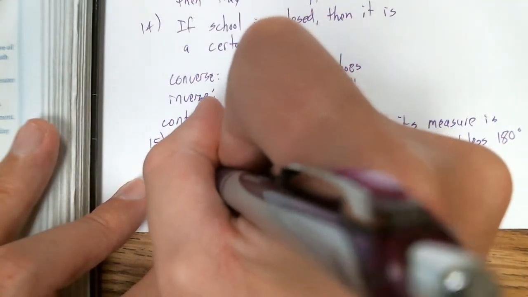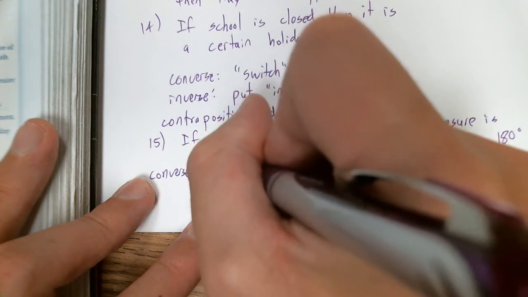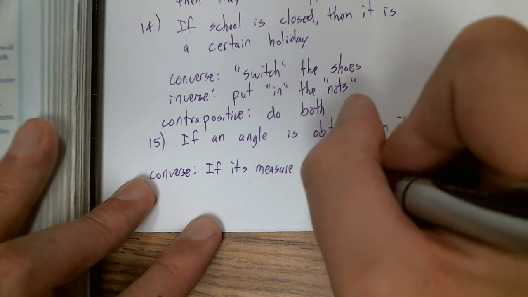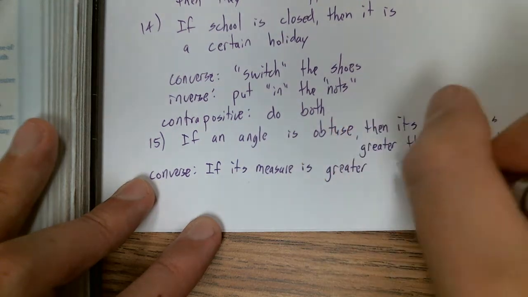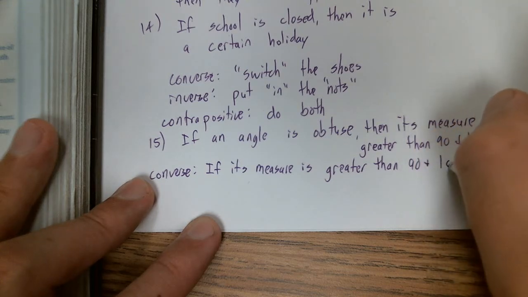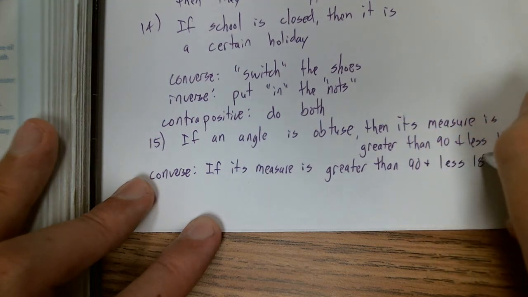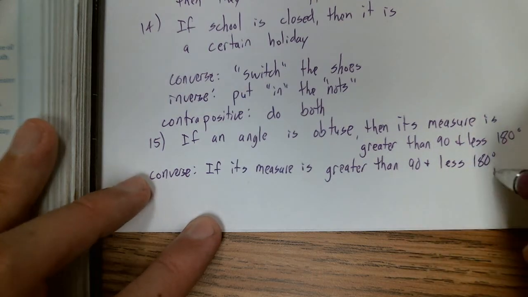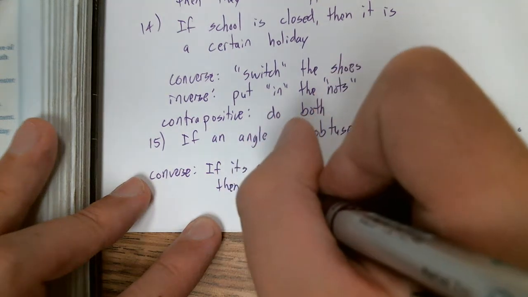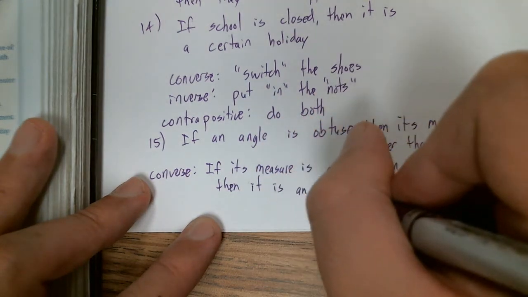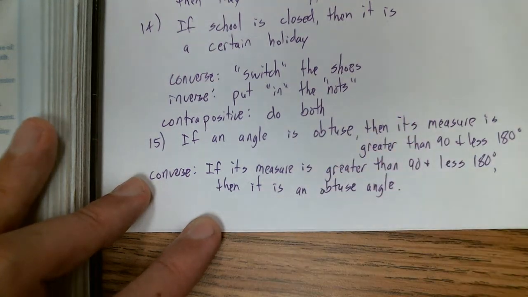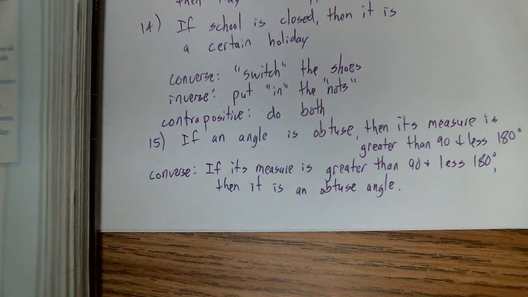Okay, so if its measure is greater than 90 and less than 180, I'm going to abbreviate a little bit here, then it is an obtuse angle. Or you could say then the angle is obtuse, however you want to word that.